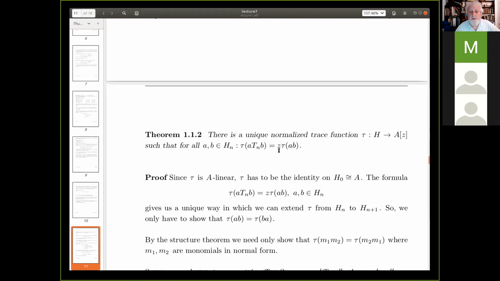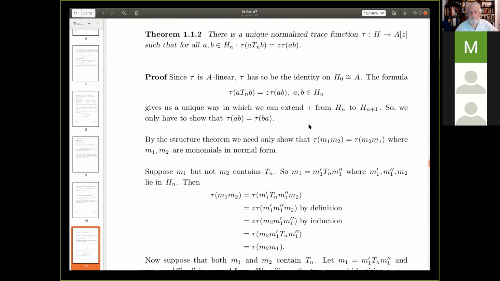So we're introducing this factor Z here, and then we assume by induction we know how to work out tau of AB. So we extend it from Hn to Hn+1 by this formula here. This is a unique way we can extend it.